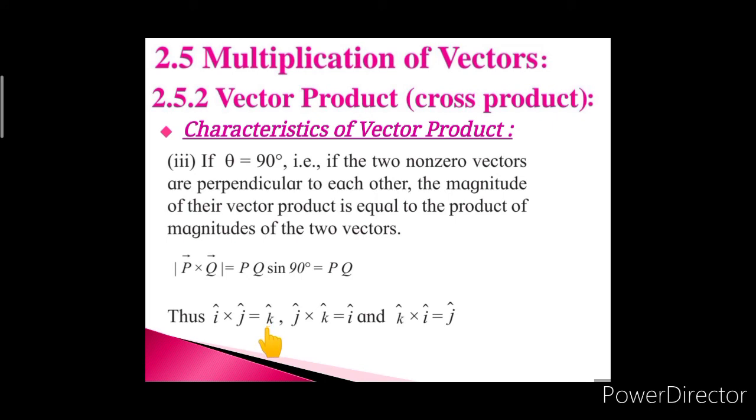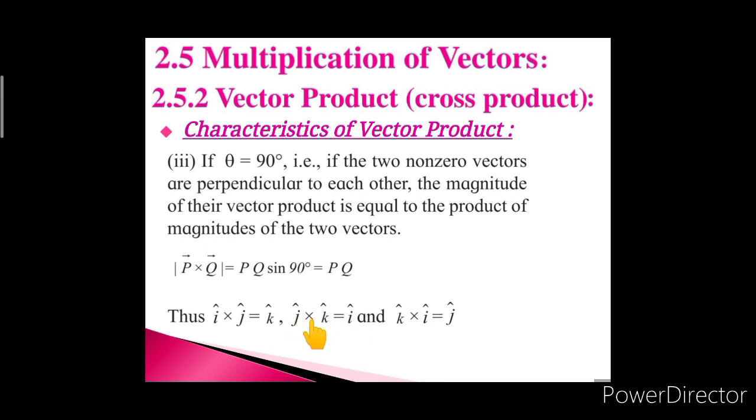As these axes are mutually perpendicular, when i cap is multiplied with j cap, the resultant is obtained along the third axis, that is the z axis, which is perpendicular to the plane containing x and y. That's why the direction of the resultant is k cap. Similarly, j cap cross k cap gives i cap.